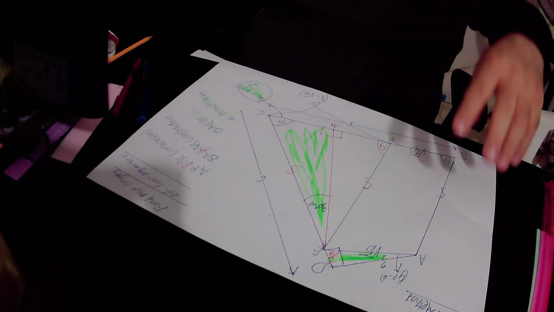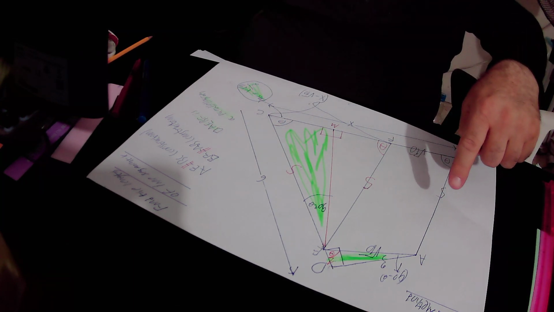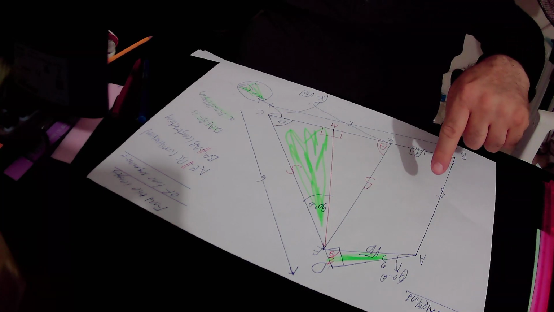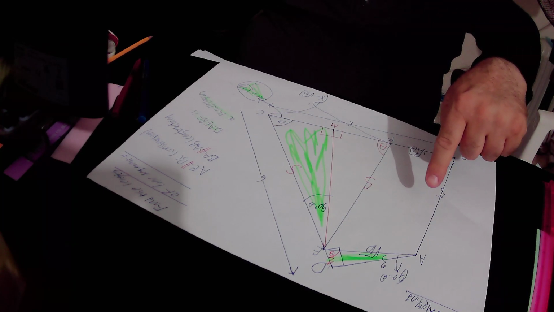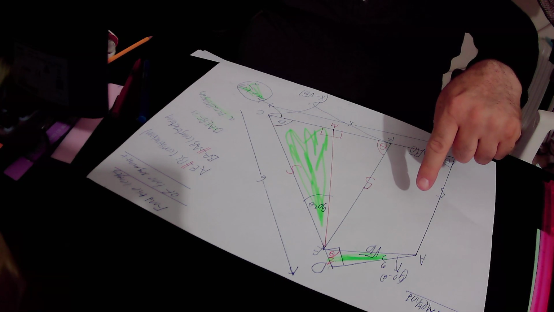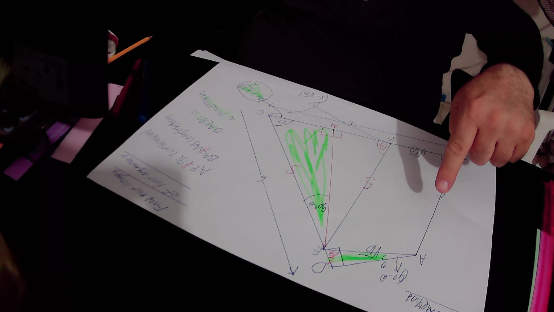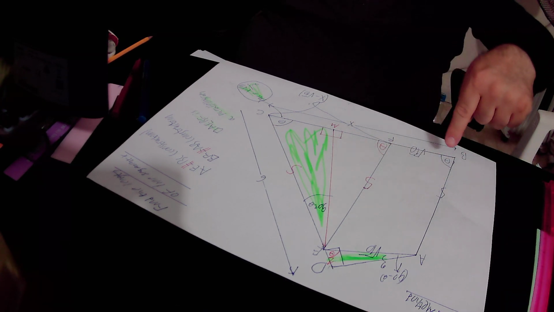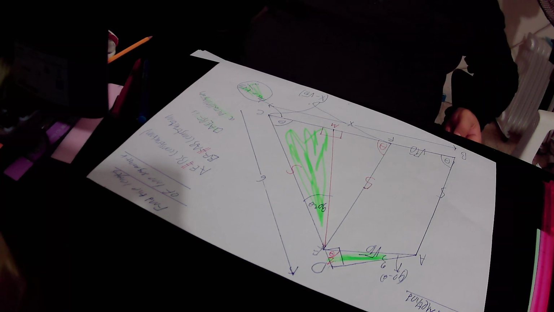We created here a parallelogram. Here AEBF is a parallelogram because two couples of its sides are parallel to each other.